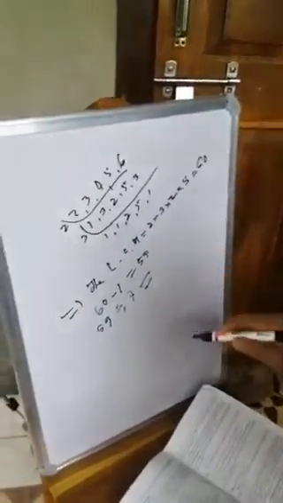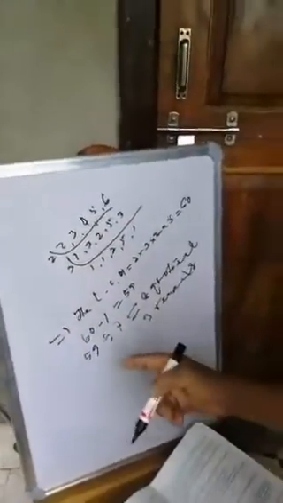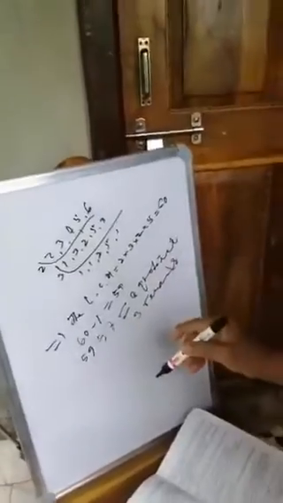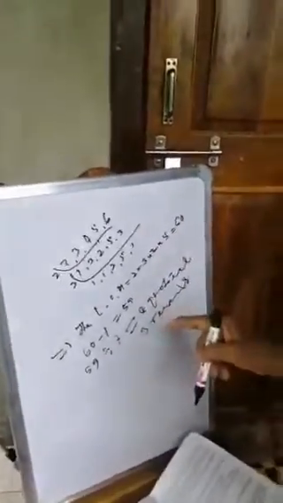Divide 59 by 2, 1 must remain; by 3, 2 must remain; by 4, 3 must remain; by 5, 4 must remain; by 6, 5 must remain.